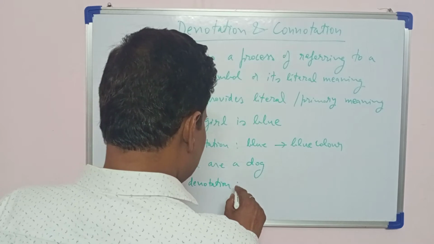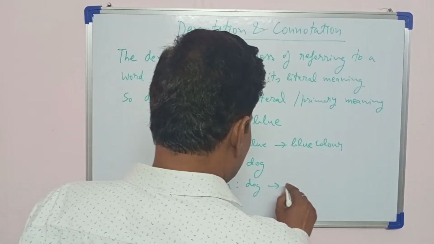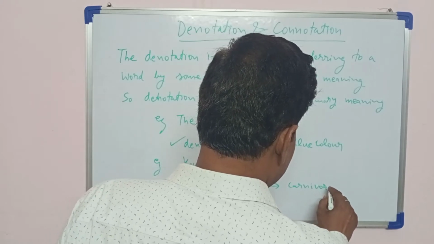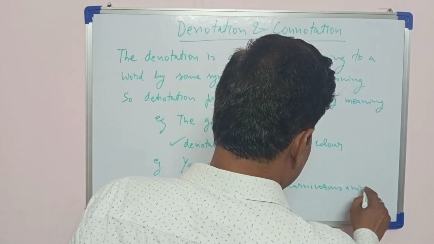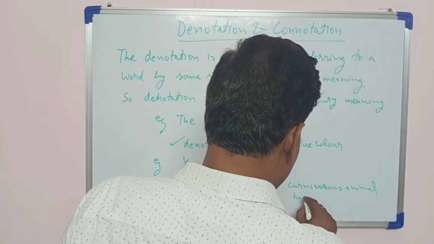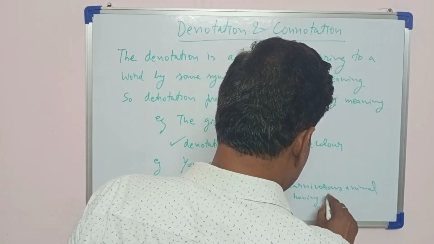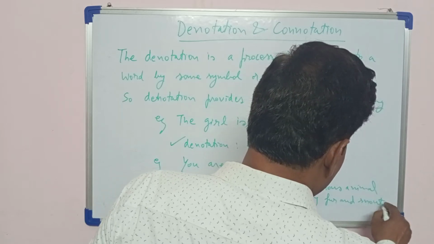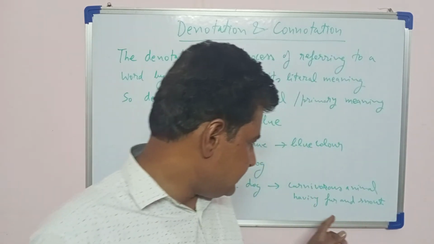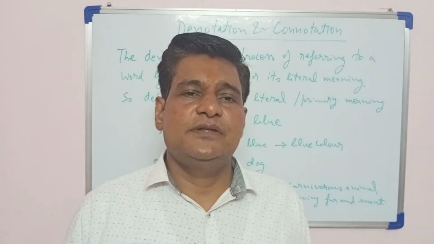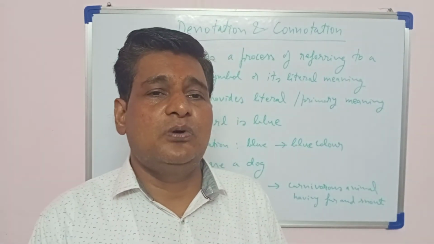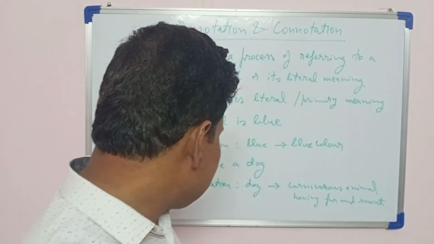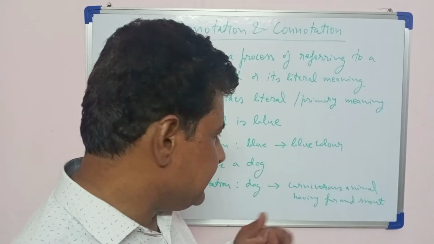In denotation, dog means carnivorous animal having fur and snout. If we see some fur and snout in some other animal, then we can say you are a dog means you are having the traits of the dog. So it is a literal meaning.